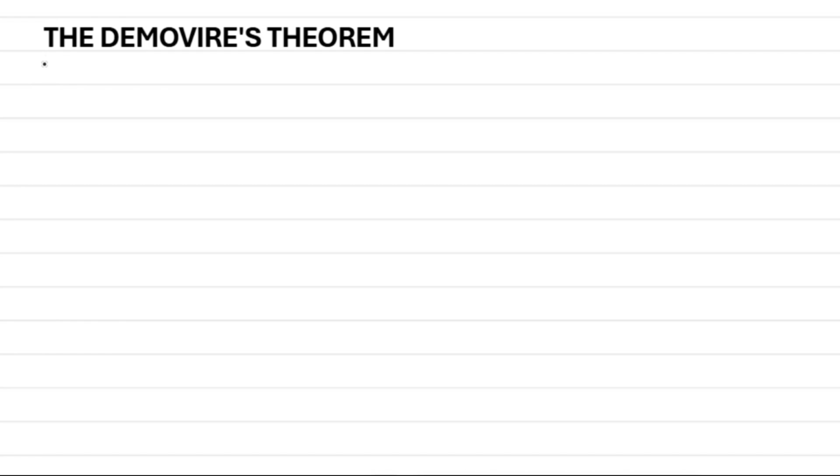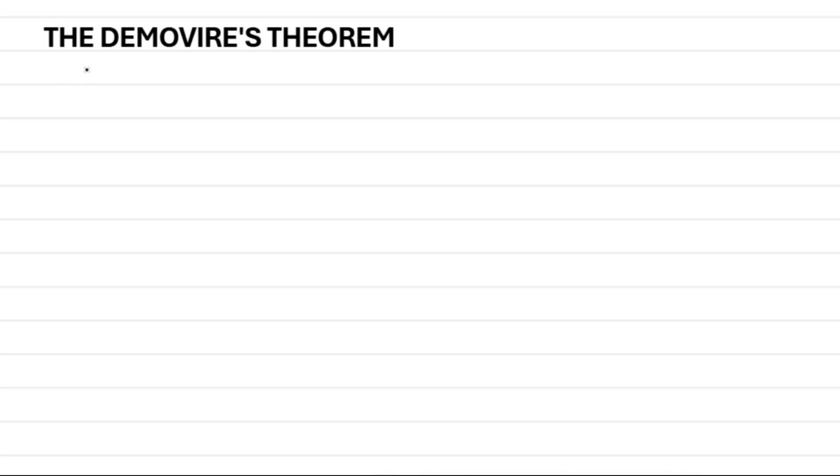Hello everyone. In this tutorial, we are going to discuss De Moivre's theorem, and we need to recall that in the previous tutorial we discussed multiplication of two or more complex numbers in polar form, which I will represent.